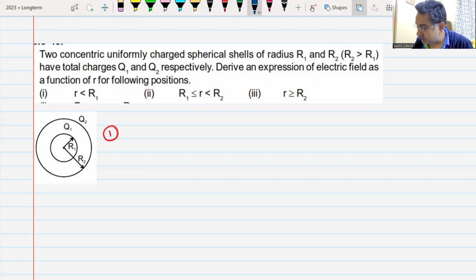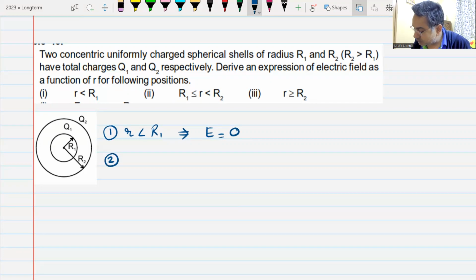For case number 1, equals 0, sir. Case number 1, when r is less than R1, then the electric field has to be 0. Yes or no? Yes, sir. Case number 2, when R1 is less than or equal to r is less than or equal to R2, then the electric field will be created by the inner shell only.